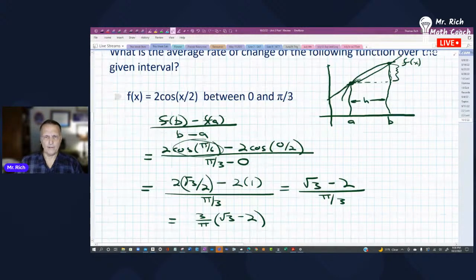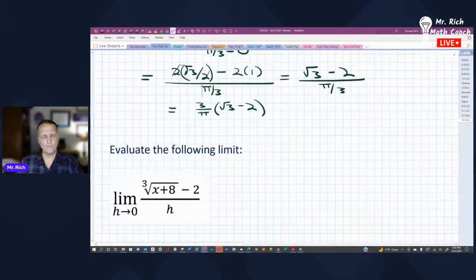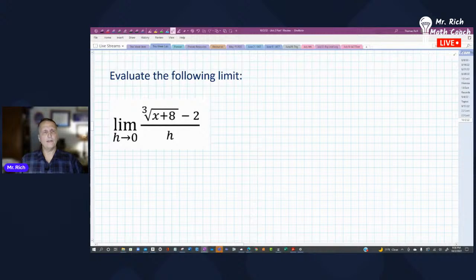All right, so let's carry on. Let's make sure that we get that right. So these 2's cancel, root 3 minus 2. I think we got it. So let's move on. Now, the next question is to evaluate a limit.